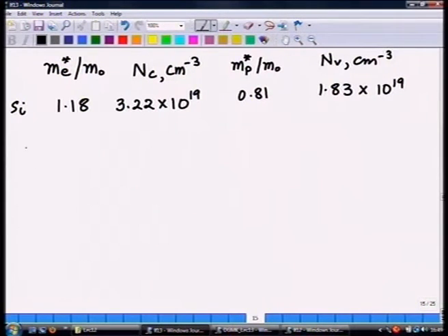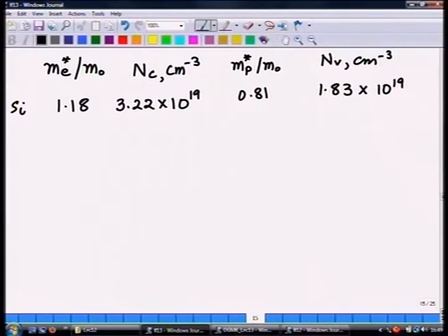The effective density of states is about 10 to the power 19 per centimeter cube in silicon. Remember, the number of silicon atoms is 10 to the power 22 per centimeter cube. Yet, why we call it effective density of states is, notice that this number is not 10 to the power 22 per centimeter cube, but just 10 to the power 19.